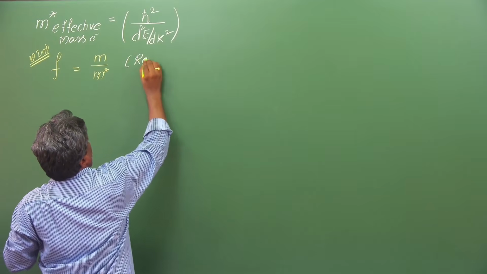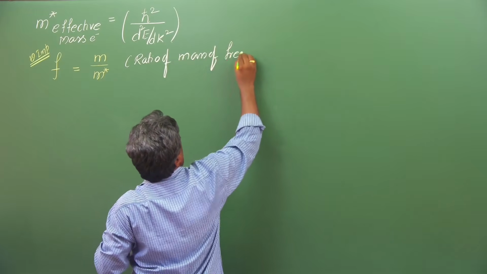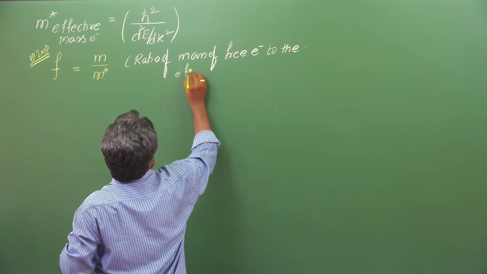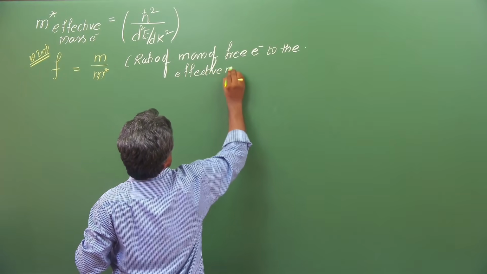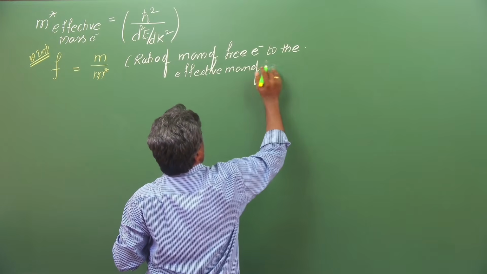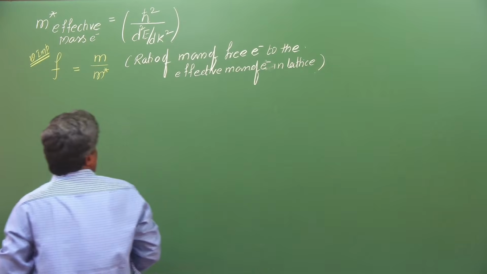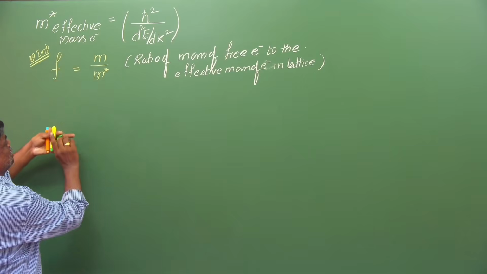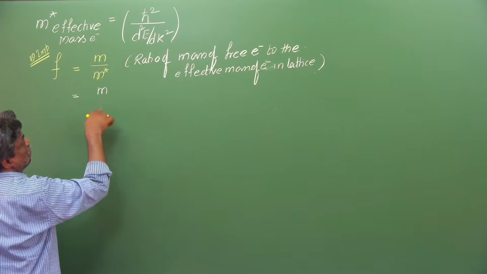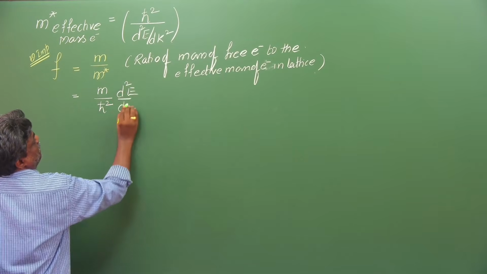This is the ratio of the mass of a free electron to the effective mass of the electron in the lattice. So F equals m by m star, which gives m by m star by h cross square d square E by dk square.